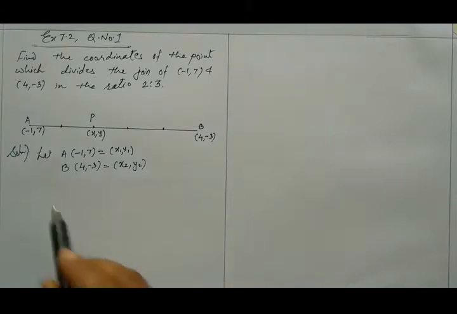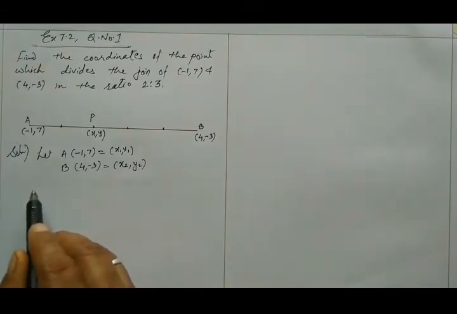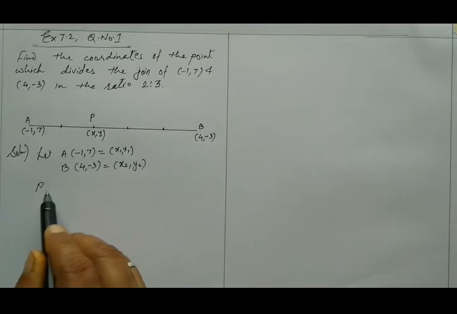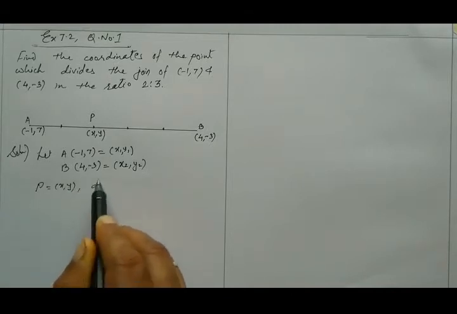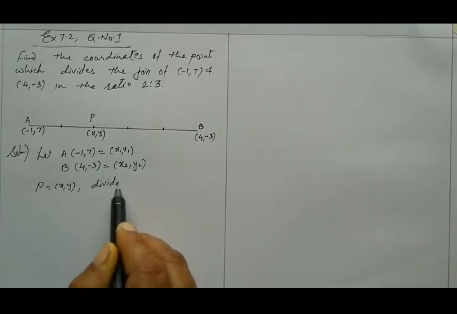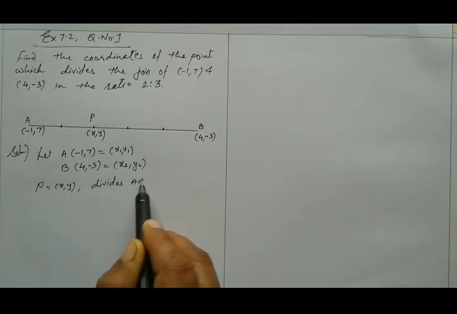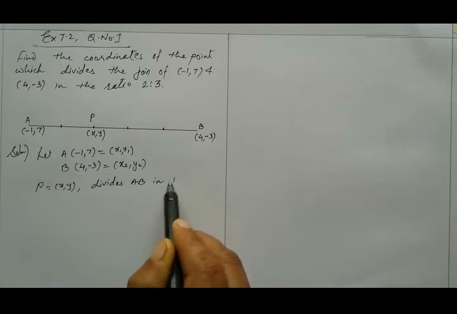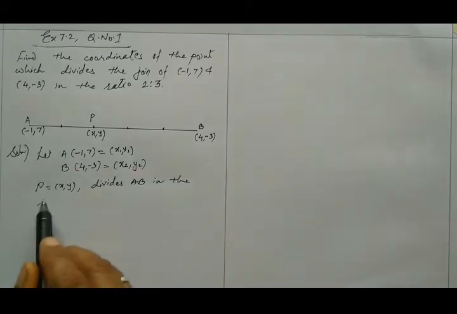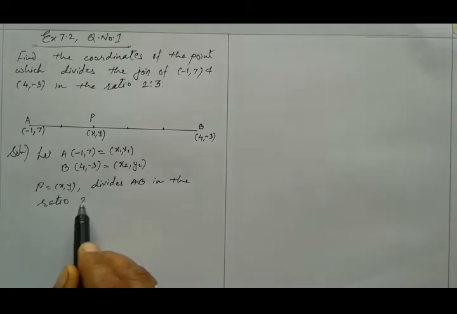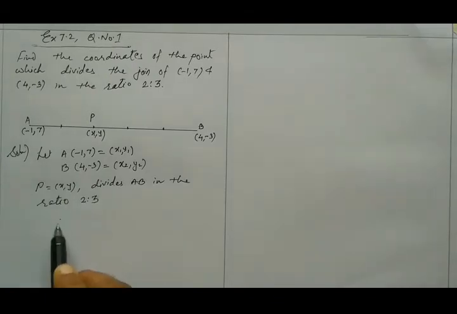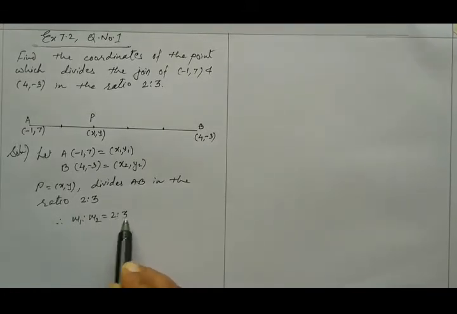P(x, y) divides AB in the ratio 2 is to 3. Therefore, m1 is to m2 is 2 is to 3.